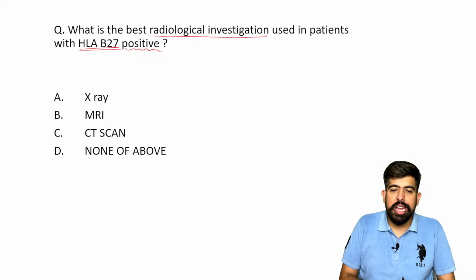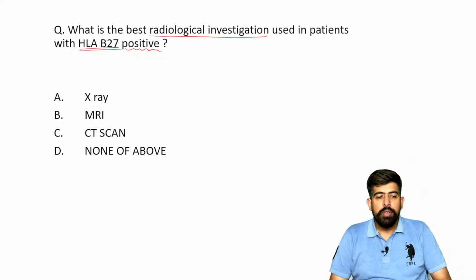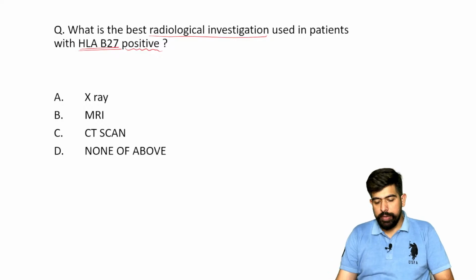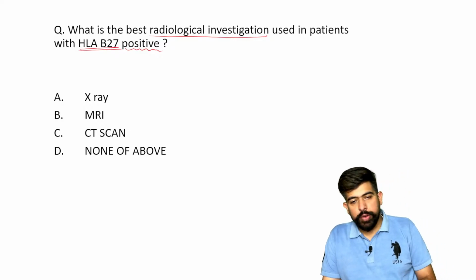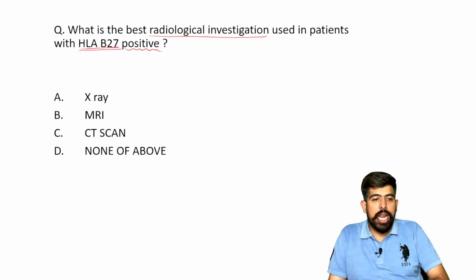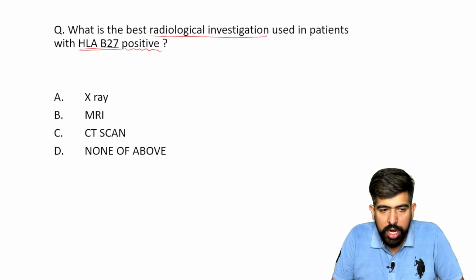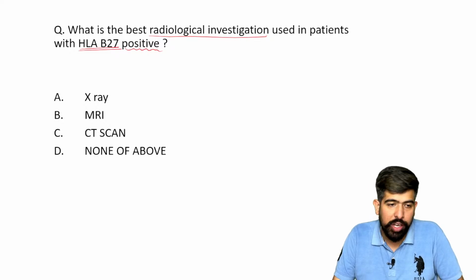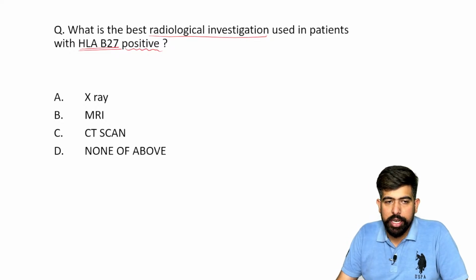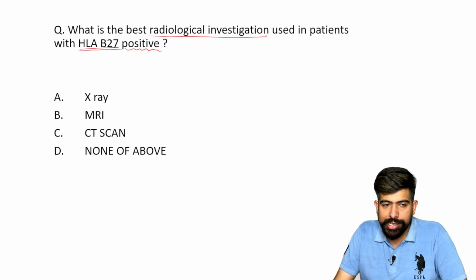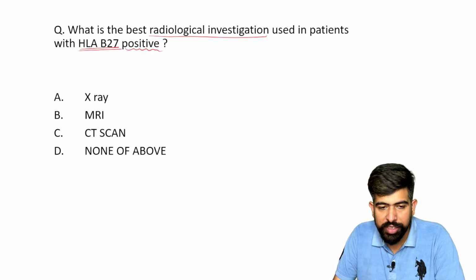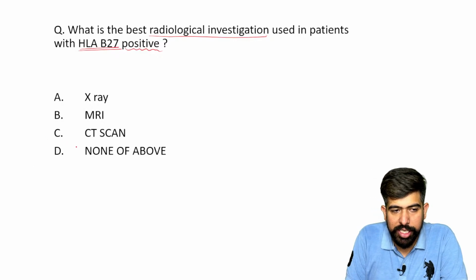I hope you know about HLA-B27 from your pathology knowledge, right? Anterior uveitis, ankylosing spondylitis, right? None of the above. Doctor, you are replying none of the above, but we already asked for the best radiological investigation, so there is no possibility of that answer.